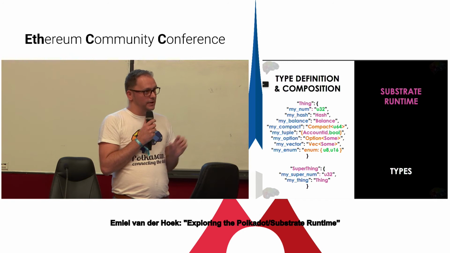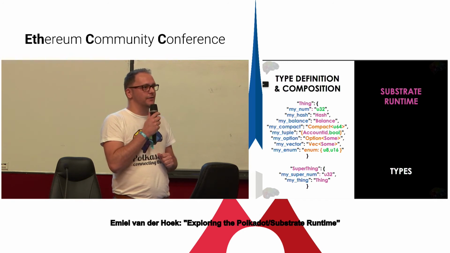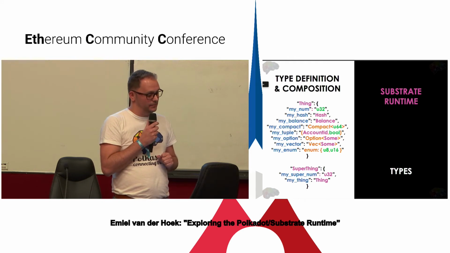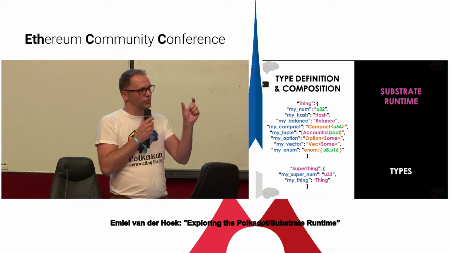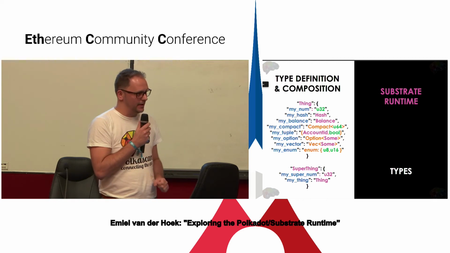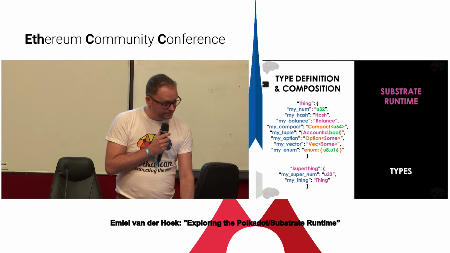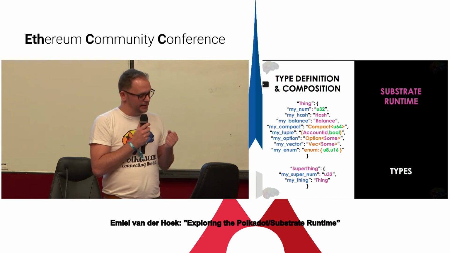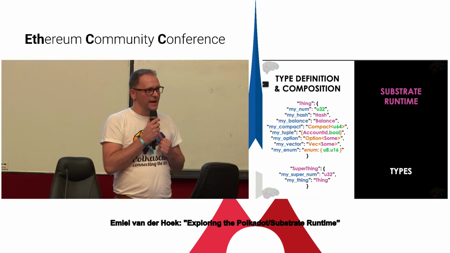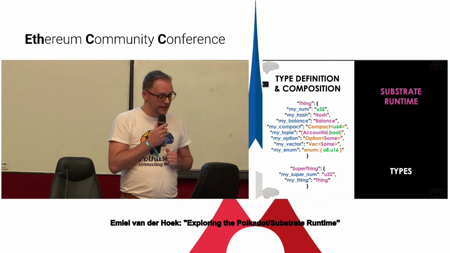So if you know that your thing maps to an unsigned 32 integer, you know that you have 32 bits to scrape from that string and to go to the interpretation and the meaning of that. Since all types are nicely defined in the substrate runtime, that allows a very nice low-level mechanism to get meaningful data of higher-level objects in your block explorer.